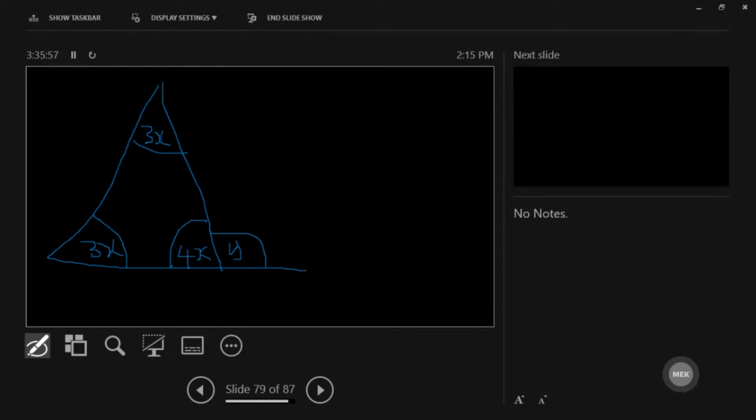What are the three interior angles? What would be 45? Yeah, you can't just say it would be 45. We have 4 missing angles up there. So what would be 45?